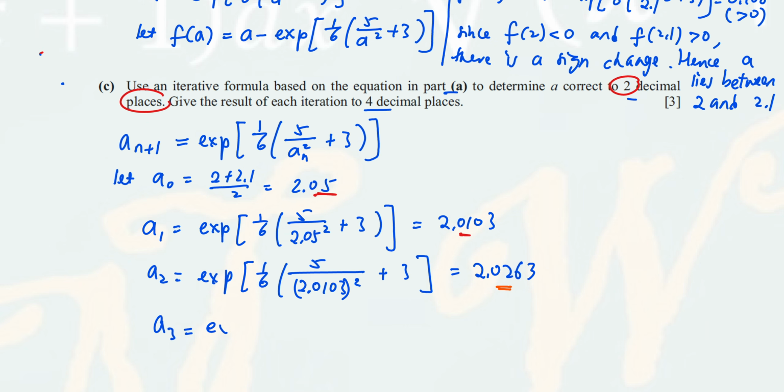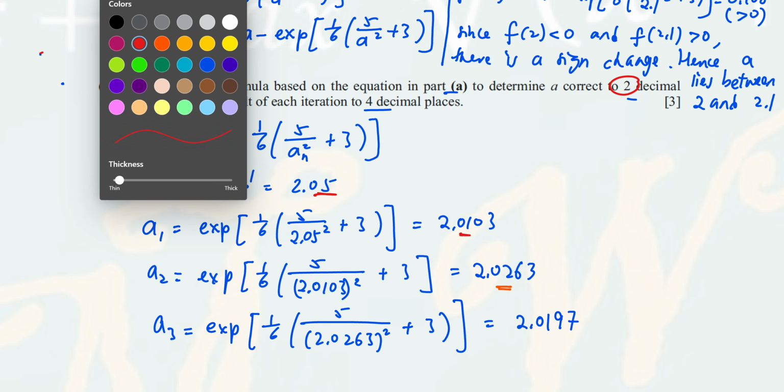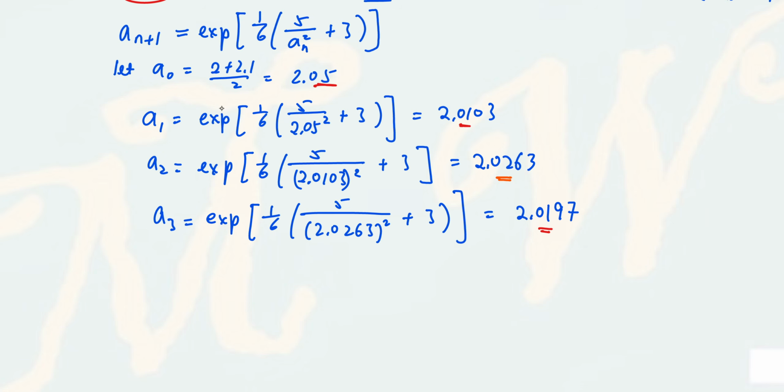So continue for A3. Then this is going to be 2.0197. So again, you compare. This is going to be 2.02, but the previous one, if you round up, becomes 2.03. Okay, so now let's continue for one more calculation.